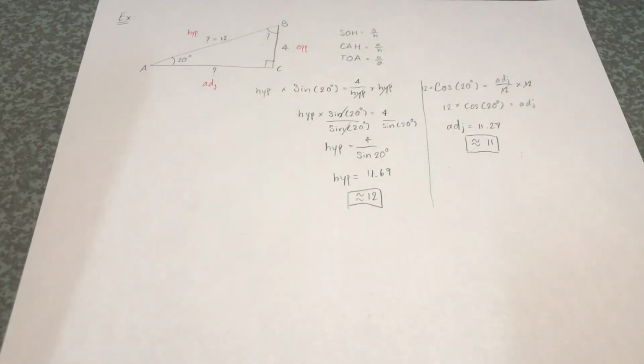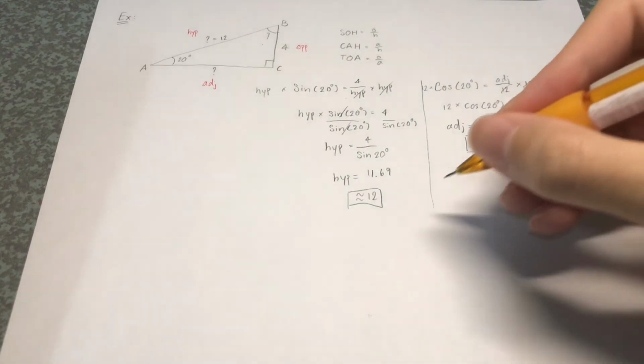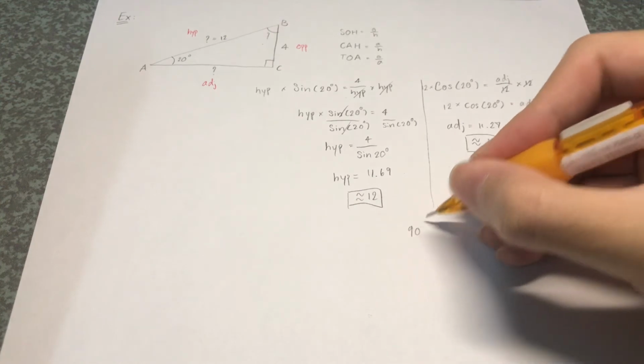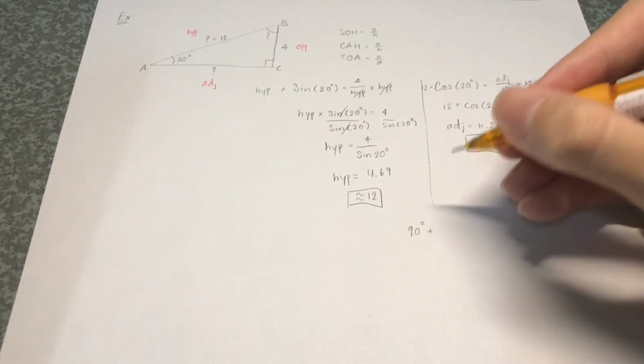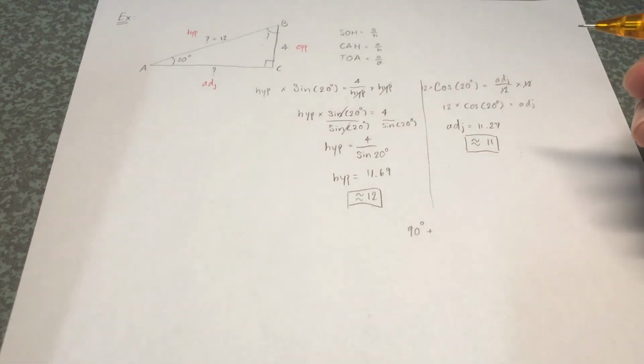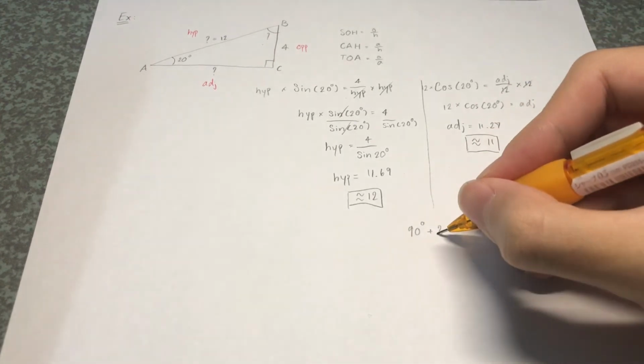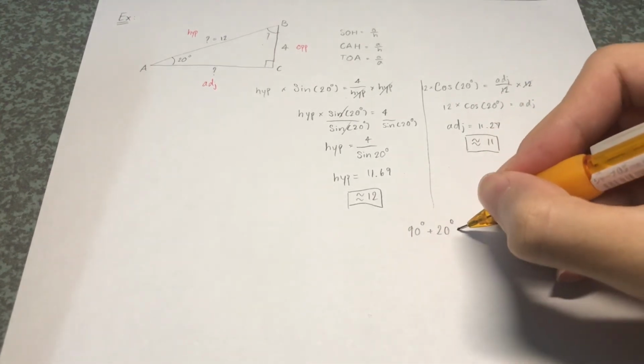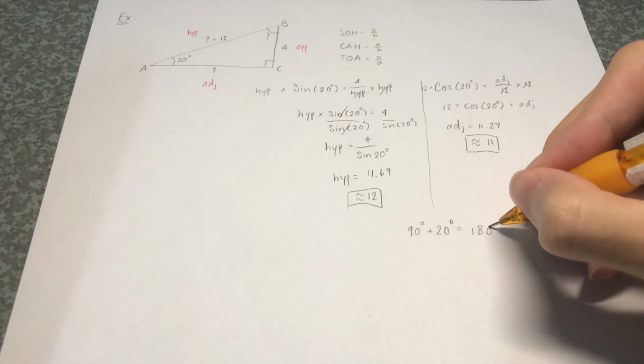And last but not least, we need to find the missing angle. Set the equation: the right angle, 90 degrees, plus the given angle, which is 20 degrees, equals 180 degrees.